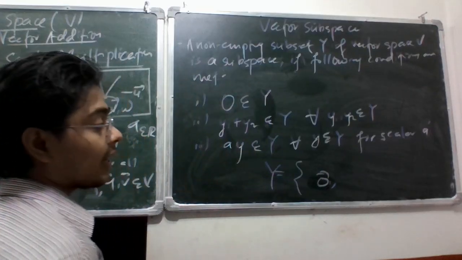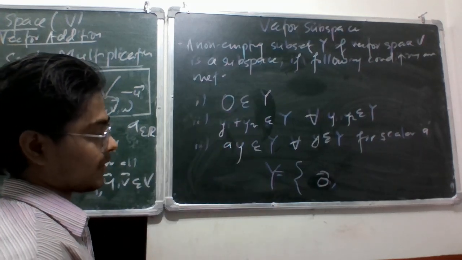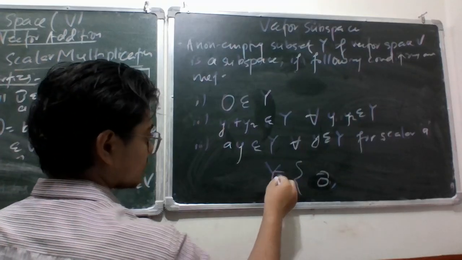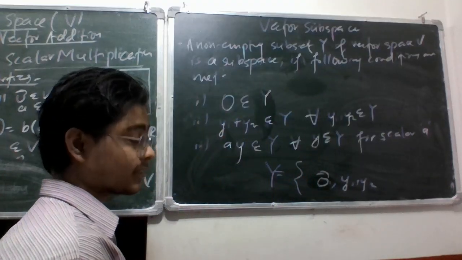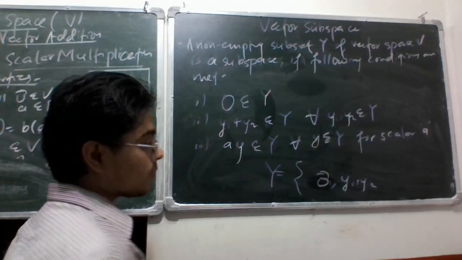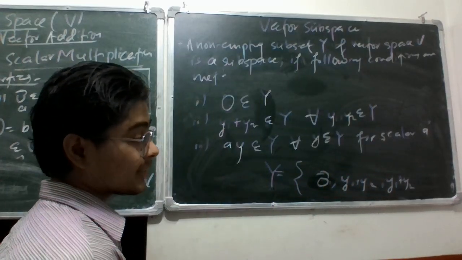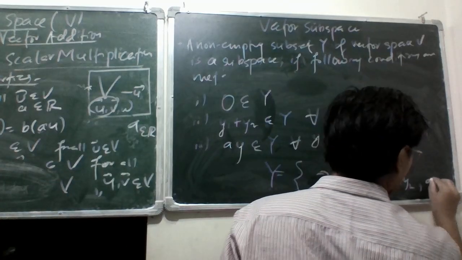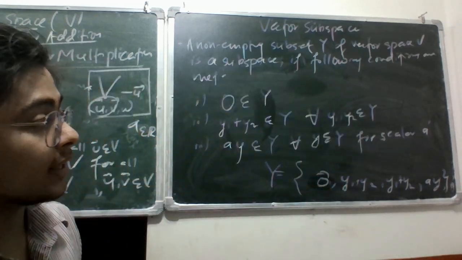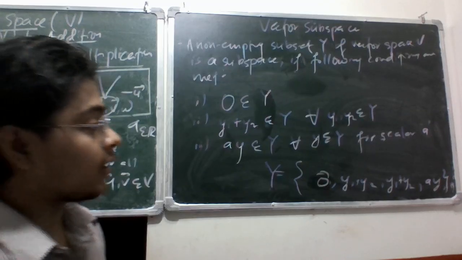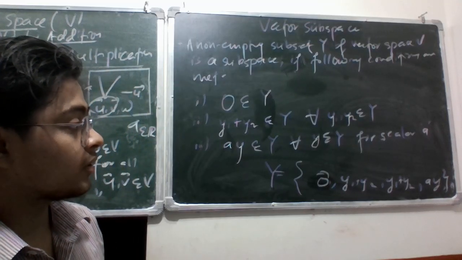The 0 vector must be part of this set. The second one is if we have two vectors y1 and y2 belonging to Y, then in that condition y1 plus y2 also has to be inside the set Y. And if a is some scalar, then a times y, which is a scalar multiple of y, must be inside Y. So in that condition, this Y is said to be a vector subspace.